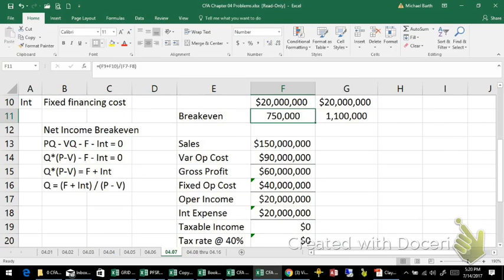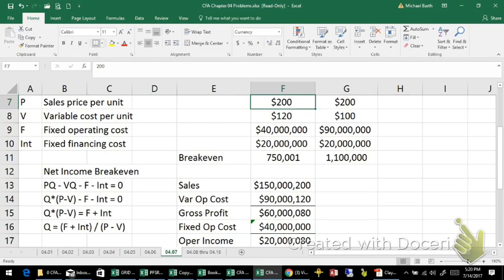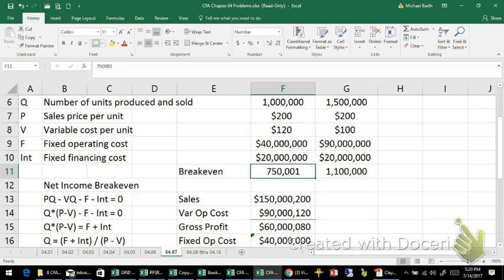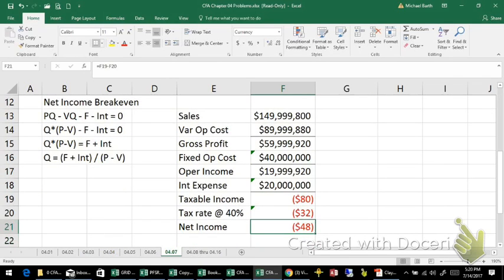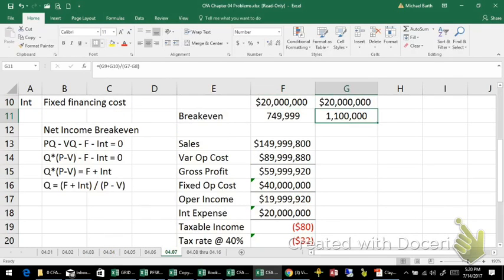At anything over 750,001 units, notice you're actually making a profit. Anything under 750,000 units, 749,999, you're actually generating a loss. So break even is a point where you exactly have enough money to break even.